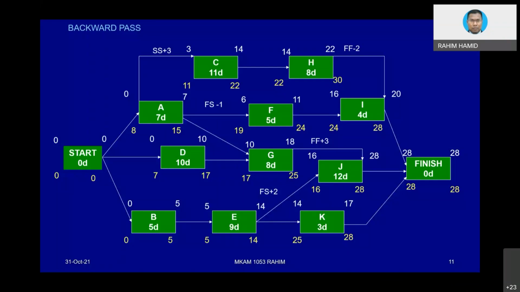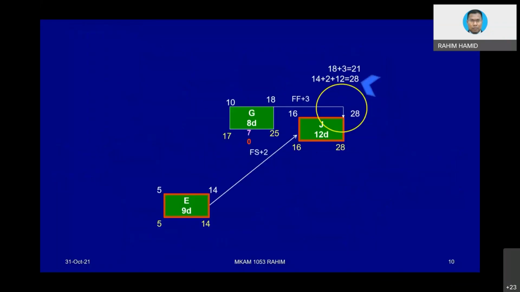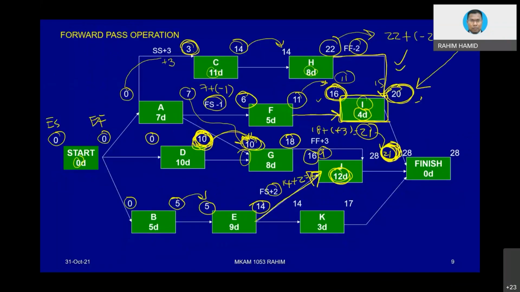Where is the previous one? Okay, 20. So we already finished J. J is 28 days. This is the value that we are going to use. And then lastly, what goes into the finish activity there, for sure the biggest value will go into this, because the rest are coming from here, which is 20, and this one is 17.